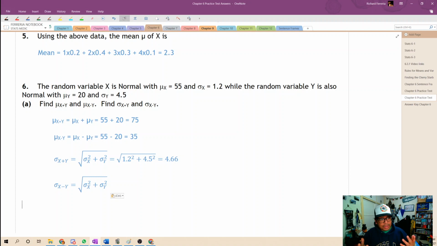In other words, by subtracting two random variables, we don't decrease the variation, we increase the variation. Variances always add, they never subtract. So if it's the same formula, well, we're going to get the same result, 4.66.